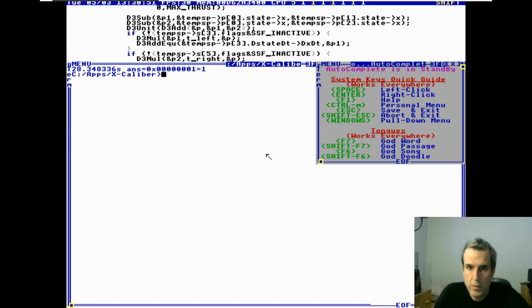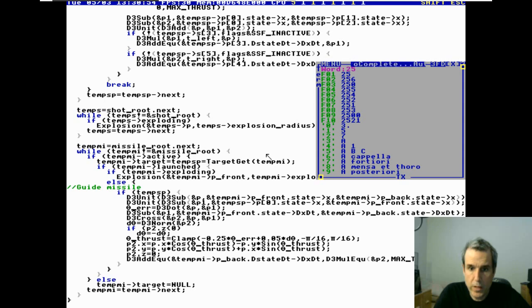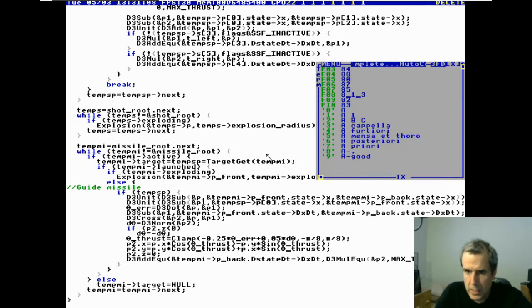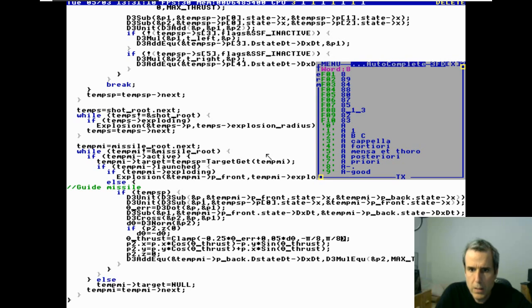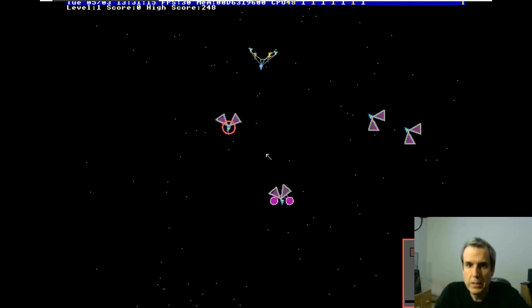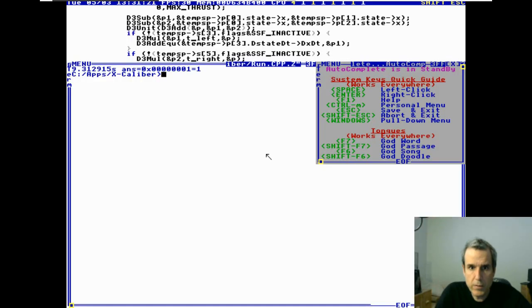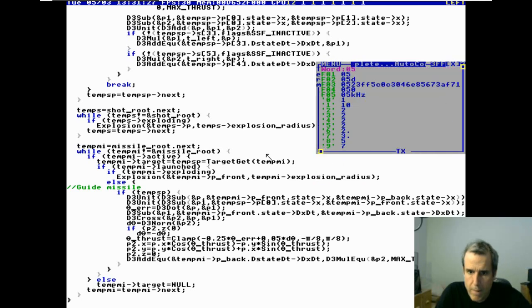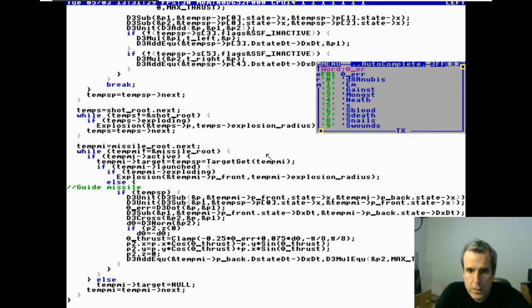We need more anti-spin or more error. What about the angle of the error? The clamp, 16. Let's change it to 8. It's curving the wrong way. I think it's the spin. Let's put more error.